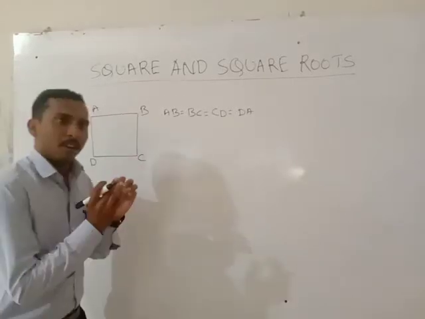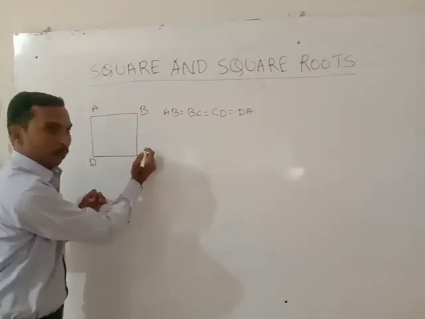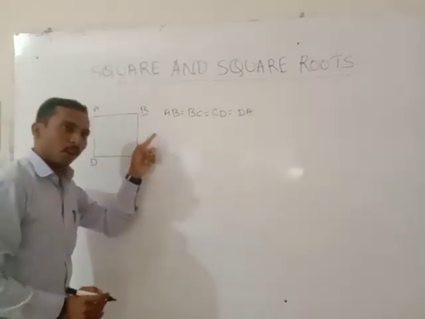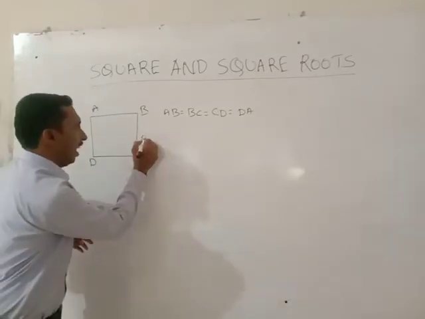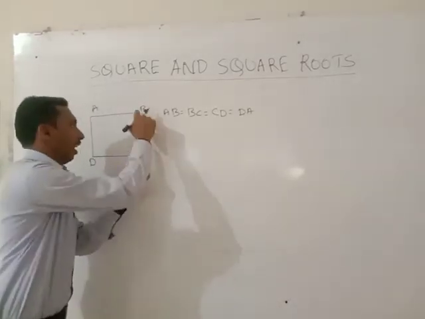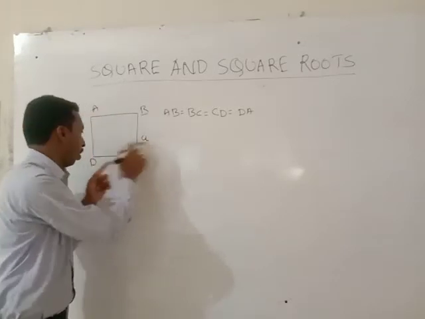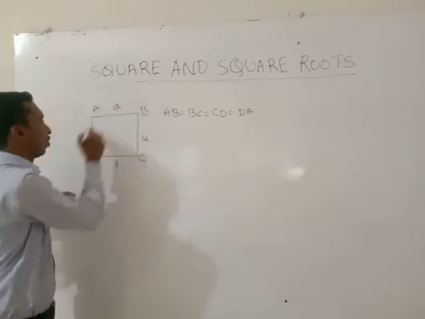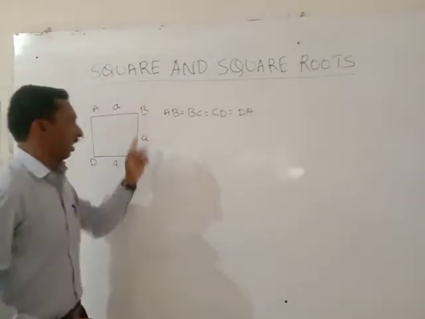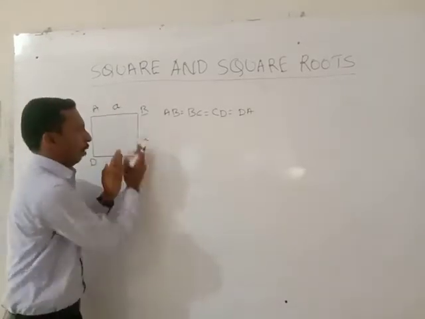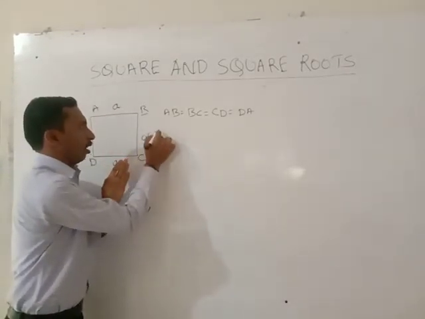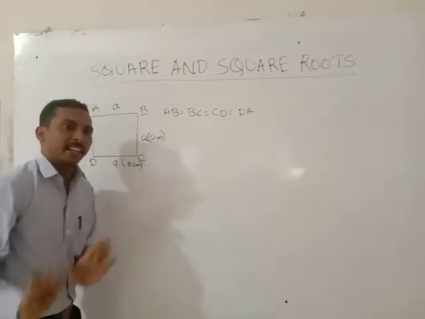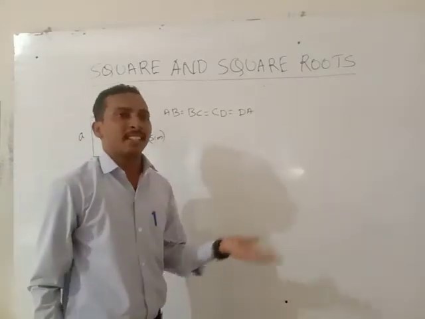BC is one side, CD is also one side, DA is also one side, and AB is also one side. If the length of BC is A, what about the length of DC? This is also A, and the remaining sides are also A. For example, if the length of BC is 5 cm, the length of the other side will also be 5 cm. We studied that in the previous class.